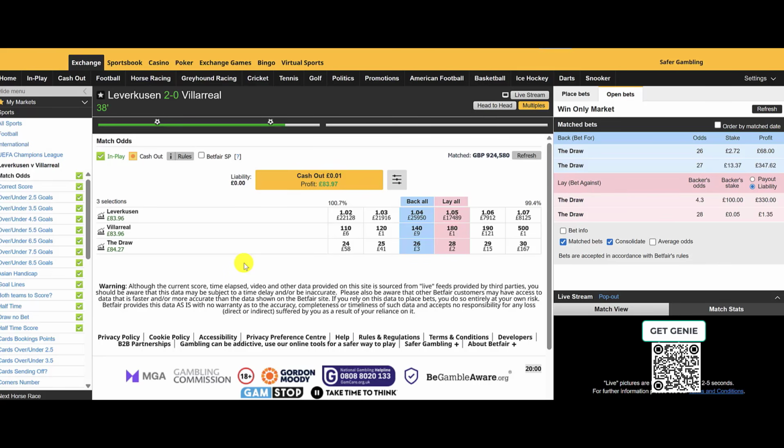It was pretty comfortable for Bayer Leverkusen. But again, it just shows you that you could follow the AI. You could maybe play it safe, having that 1-1 insurance, or you could just say, do you know what, I'll lay the draw. I'll be happy to just try and see if Leverkusen can win this comfortably. So anyway, we're out on 38 minutes. It's Leverkusen 2, Villarreal 0.